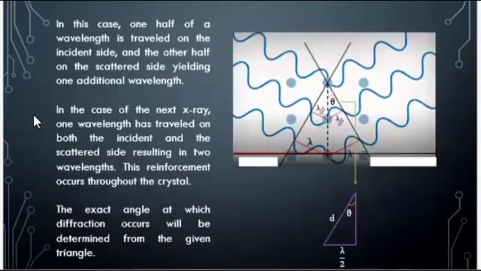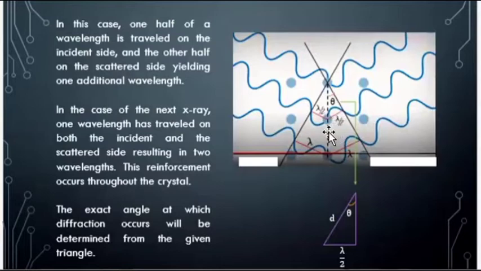Okay, in this case, one half of the wavelength is traveled on the incident side, so here, lambda over 2. And the other half on the scattered side, yielding one additional wavelength.